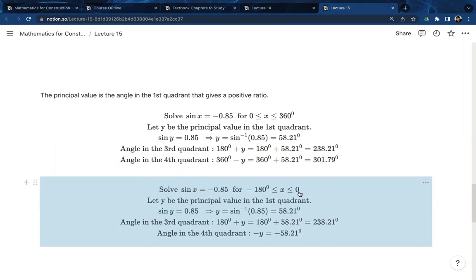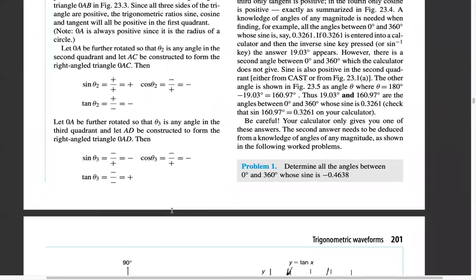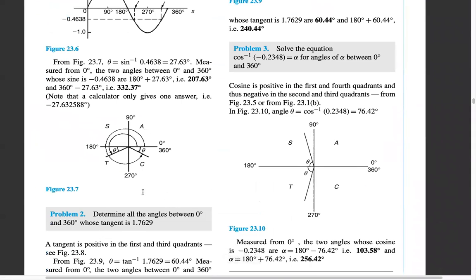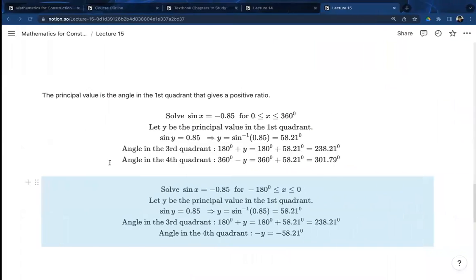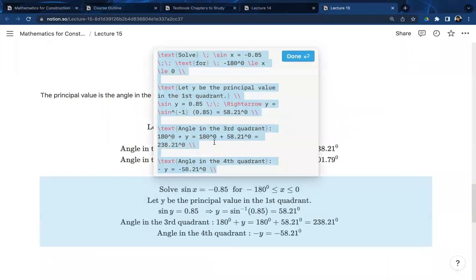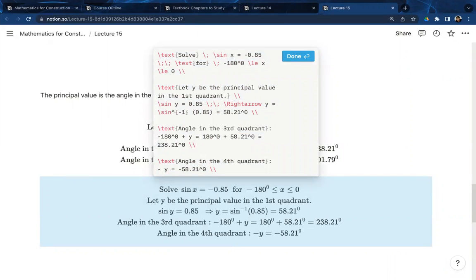So if you look at the diagram here that they drew, this T here, I need to start from 0 and go in a clockwise direction to reach T. So that's a negative direction. Now, ordinarily, I would go negative 180 degrees, and then you have to add the principal value. So that's what we do here in the fourth quadrant. We add the principal value to negative 180 degrees.